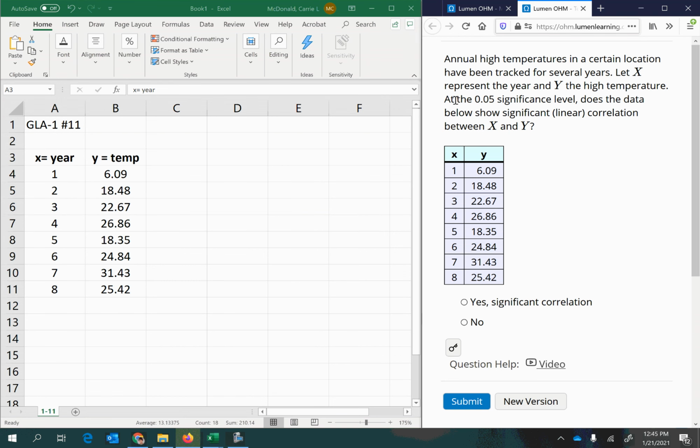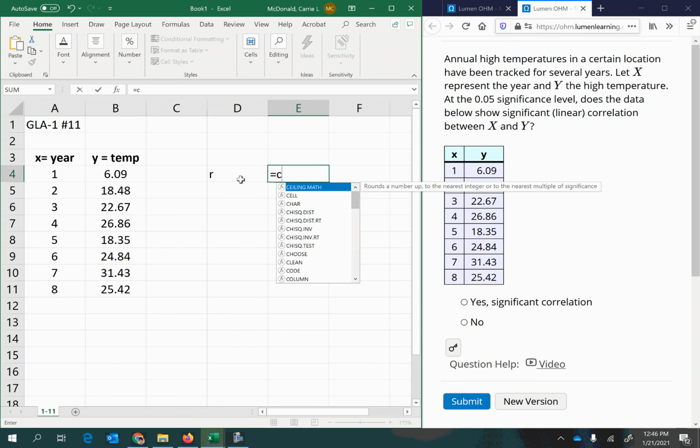And then it says, at the 0.05 significance level, does the data show significant linear correlation between X and Y? So what we need for this is to calculate the linear correlation coefficient by using the Correl function in Excel. Once you start typing in a few letters, you'll see things pop up as suggestions.